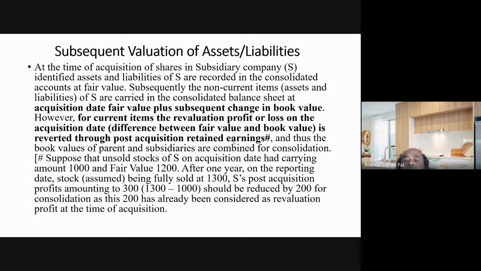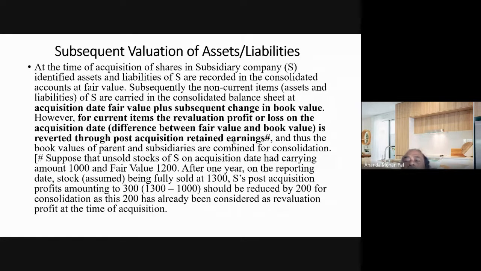That is, in the post-acquisition year, after acquisition in 1 year, we would cancel that 60,000. And if we cancel that, post-acquisition profit would be reduced. One result is that the post-acquisition profit of the subsidiary would be reduced by that amount.